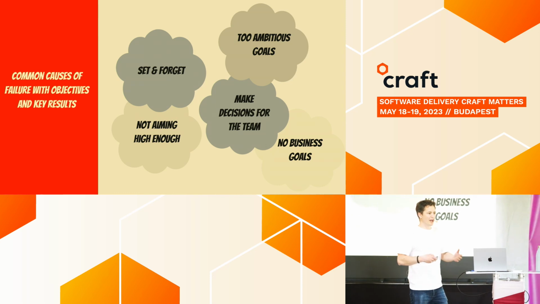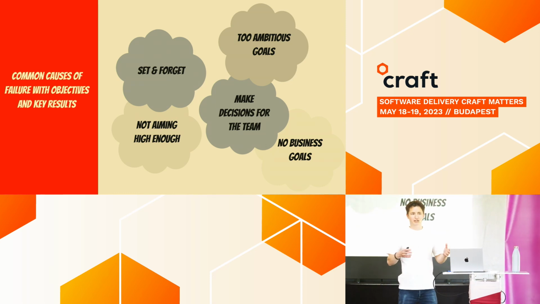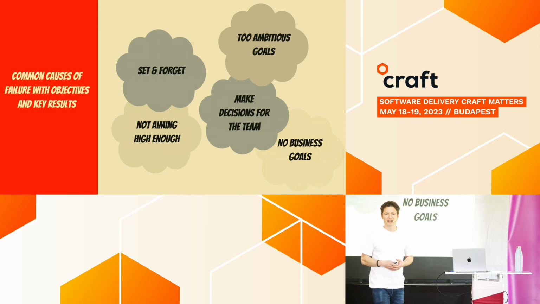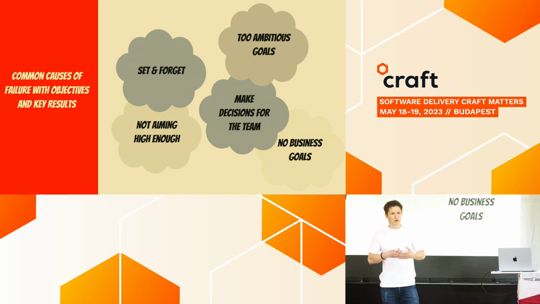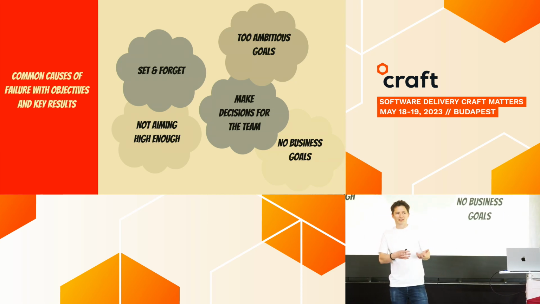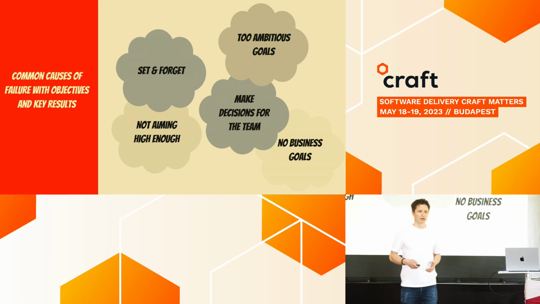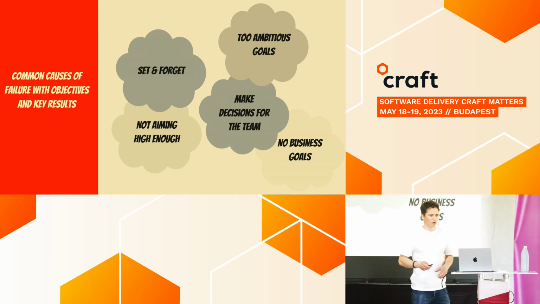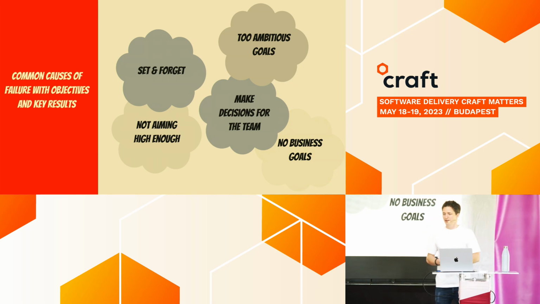Now the opposite might also happen. Maybe you're an organization that punishes failure, and then people might be aiming too low. So they feel that if they would try to aim a bit higher, they would get punished for it, and as a consequence, they're not setting goals that are ambitious enough.